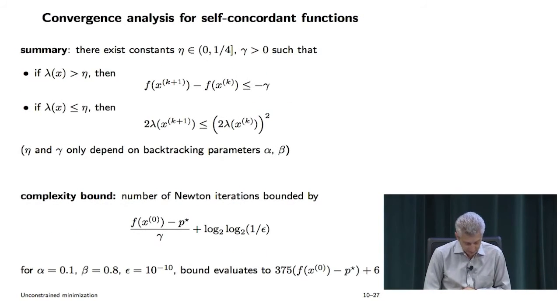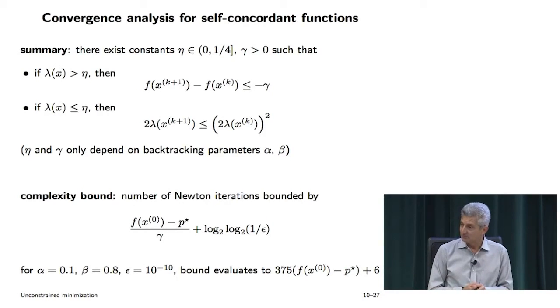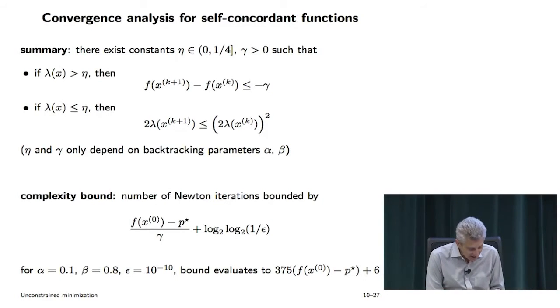So, okay. Now let's look at Newton's method. All the details are in the book, but we'll just see how this works. Remember how Newton's method worked in the classical analysis, which, by the way, also came from Moscow. So here's the difference. You look at the Newton decrement, that's lambda of x, right?